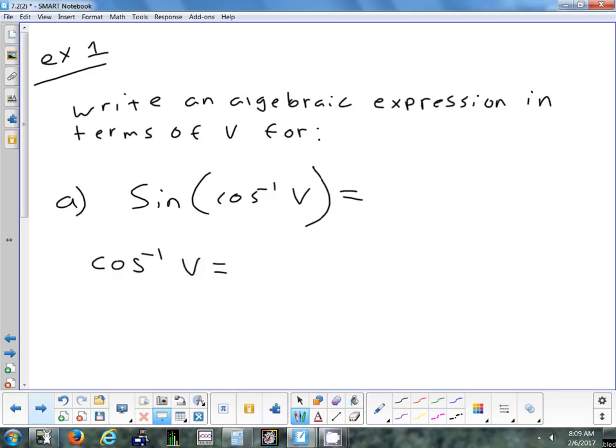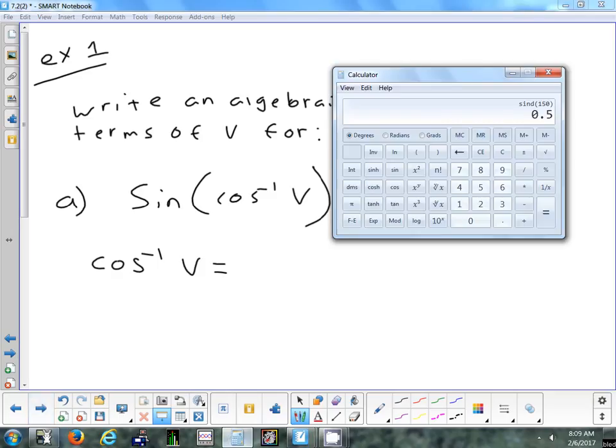Now, anytime you use inverse cosine, like if I do something like this, 0.5 inverse cosine, I get 60. What does that 60 represent? If I was solving a problem, it would represent something. Yeah, it's an angle.